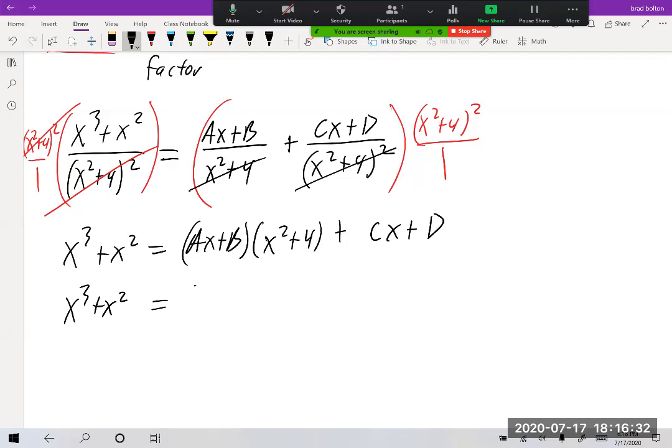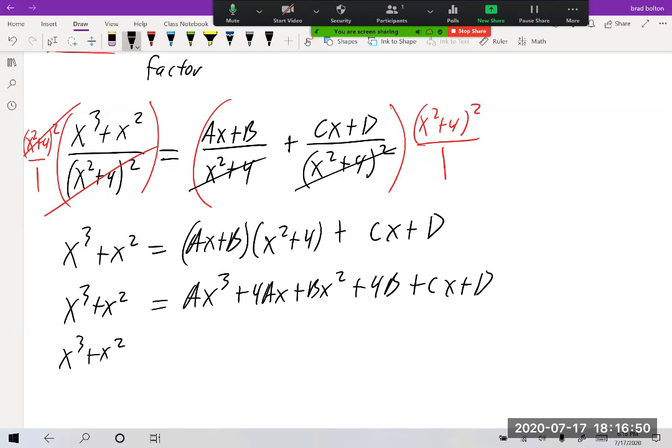And then let's distribute. This becomes ax cubed + 4ax + bx squared + 4b + cx + d. Now we're going to clean things up and group things together like I did in the previous problem. Well, there are no x cubes, it's by itself.